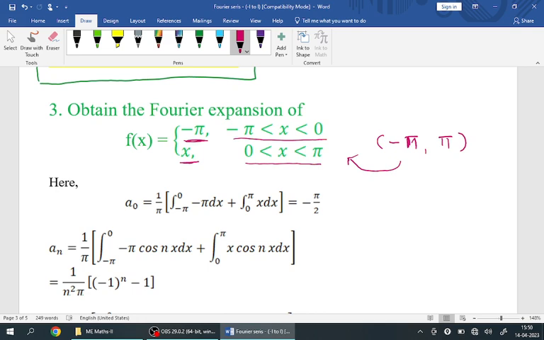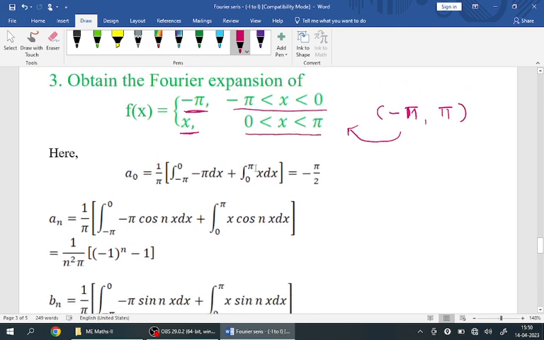So we can calculate these. Now whenever the function is like this, you had better calculate a0, an, bn one by one. Don't make silly mistakes in the calculation. The integral we have to split into two parts. If you start with the general formula, a0 is 1 by l integral minus l to l fx dx.